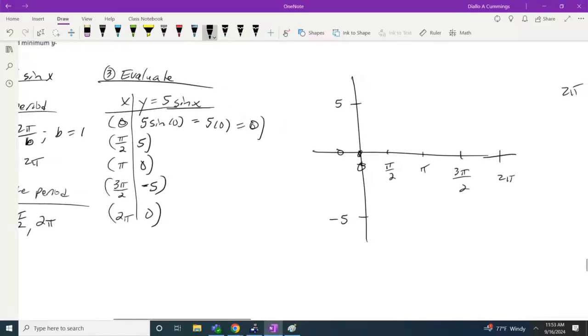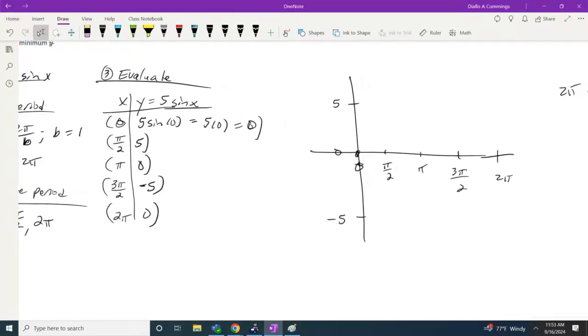Now we're going to plot the ordered pair points and connect for the graph. Our first ordered pair point is 0, 0. The second is pi over 2, 5. The next is pi, 0.